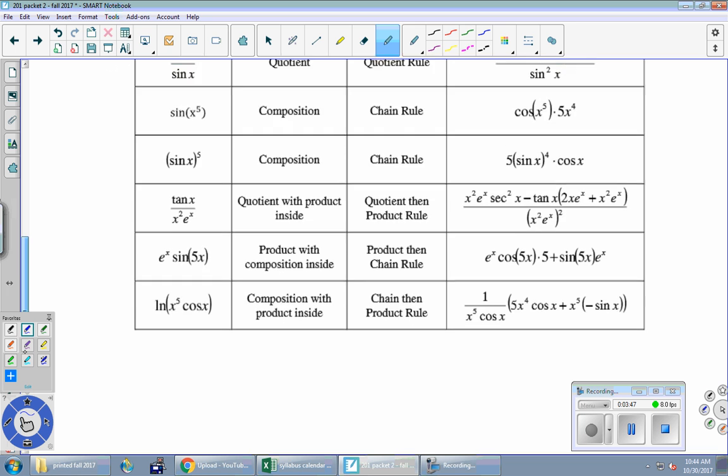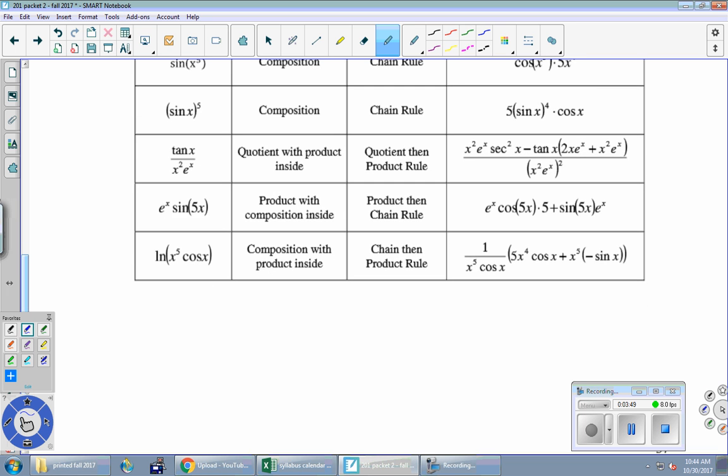For example, if we take a look at the very last one here, it says ln of x to the fifth cosine of x. For sure, there is a product rule in this problem, but the product rule is not the first thing we're supposed to do in this problem. Ultimately, this is a composition. It is ln of some complicated stuff. So fundamentally, the first thing to do here is ln. And so what's the derivative of ln of stuff?